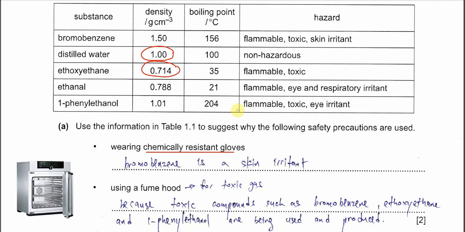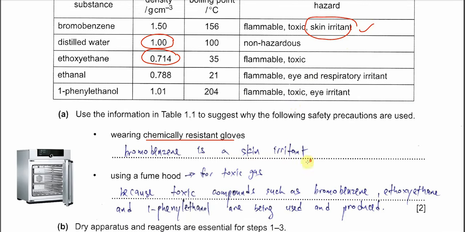So you just find the corrosive or skin irritant, which is bromobenzene. This is the reason we need to wear chemically resistant gloves: bromobenzene is a skin irritant. Easy.